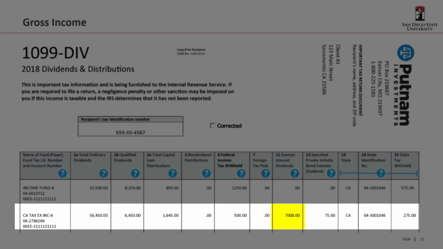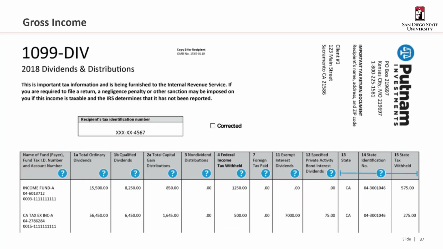But if you go over to column 11, you'll also see the exempt interest dividends. That's the tax exempt interest that you would expect a California tax exempt income fund to throw off. So the question might be, why does that fund throw off dividends? Because it probably also owns some equities, or it certainly can be buying and selling bonds and generating capital gains.